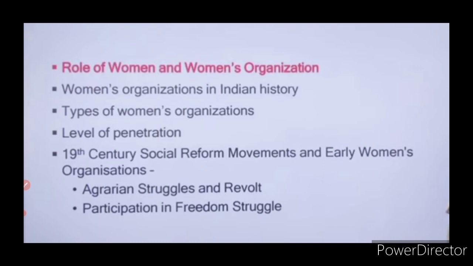Then types of women's organizations, there are many types of it. Then level of penetration and 19th century social reform movements and early women's organizations. Agrarian struggles and revolt. Then participation in the freedom struggle. So who all participated in the struggle for freedom.